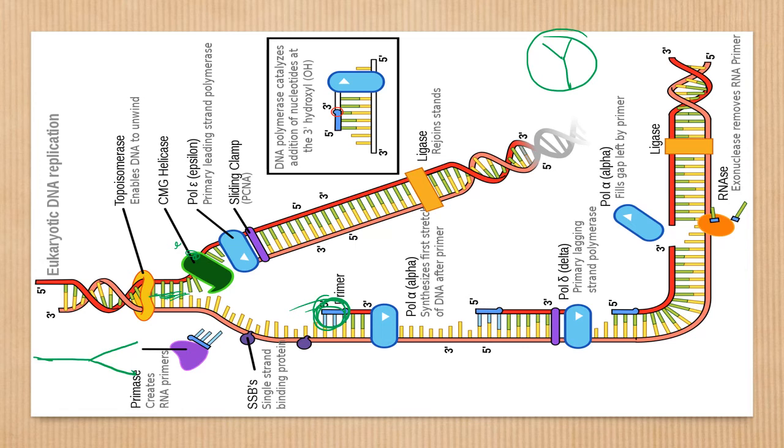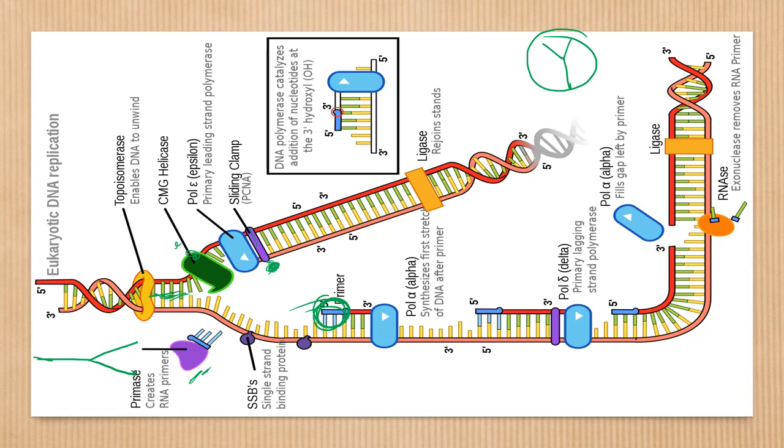And then the next step is starting of the clamp, that means it is sealed. So here it initiates on the 5' end, first a primer, an RNA primer, and that RNA primer, what will it do?